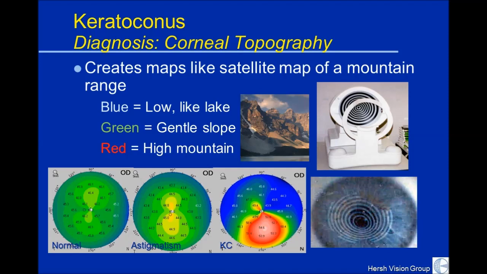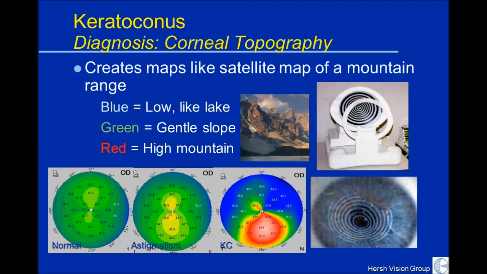In astigmatism, one sees an area in one direction that's a little bit steeper. That's because this cornea is shaped a little bit like a football, but that's all astigmatism is. In keratoconus, what we see is the cornea becomes irregular. The cone part of the keratoconus develops a high area, so there's a high spot over the microscopic bulge of the keratoconic cornea, and you can see the irregularity as you proceed from the top of the cornea down to the bottom of the cornea.